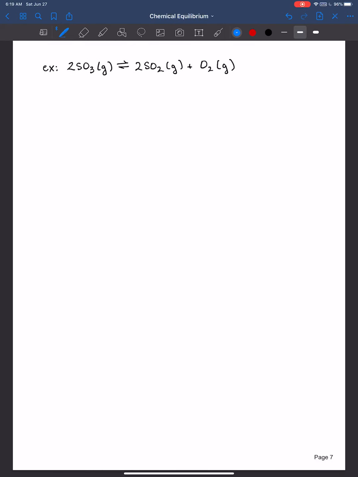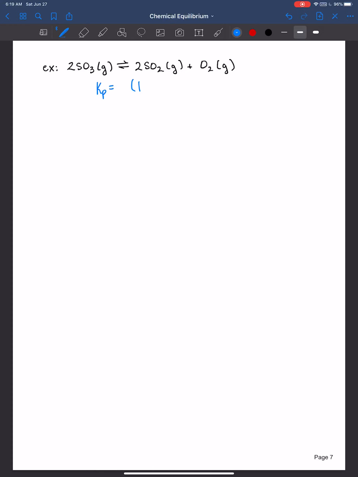Alright, so let's say you had this problem and you were asked to write the equilibrium constant expression in terms of partial pressures. So Kp is equal to what? Anytime you do equilibrium constant, it's always what over what? Fantastic. Products over reactants. Good.